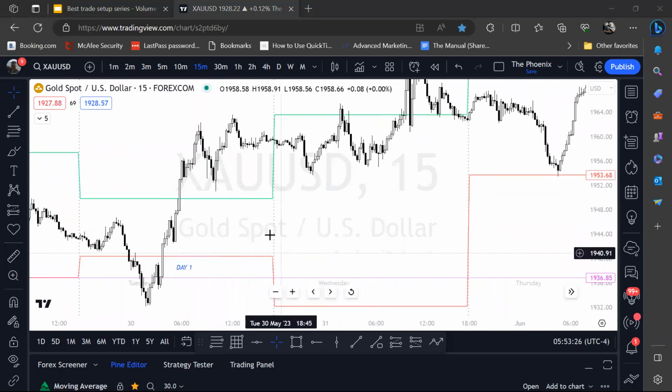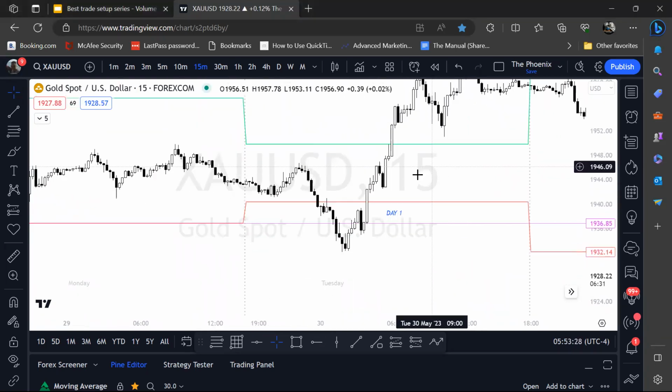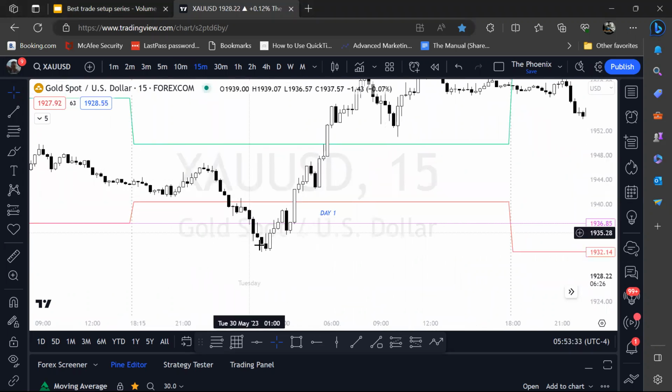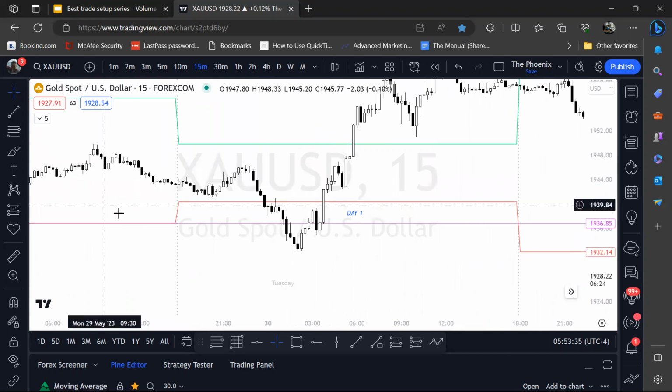And if you notice why this is day one based on the rules that we had established in the slides, we have price breaking out at the low of the week, because this was the low of the week. And we have a close back inside of this range. So this candle that closed inside the range would have been the indicator that, okay, we have a false break reversal at the low of the week.